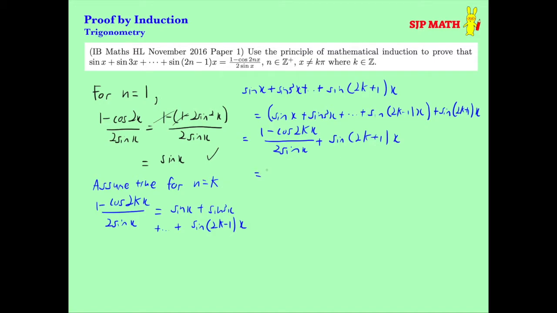And then we're just going to bring this up over a common denominator: 1 minus cosine 2kx plus 2 sine x sine (2k plus 1)x, all over 2 sine x.